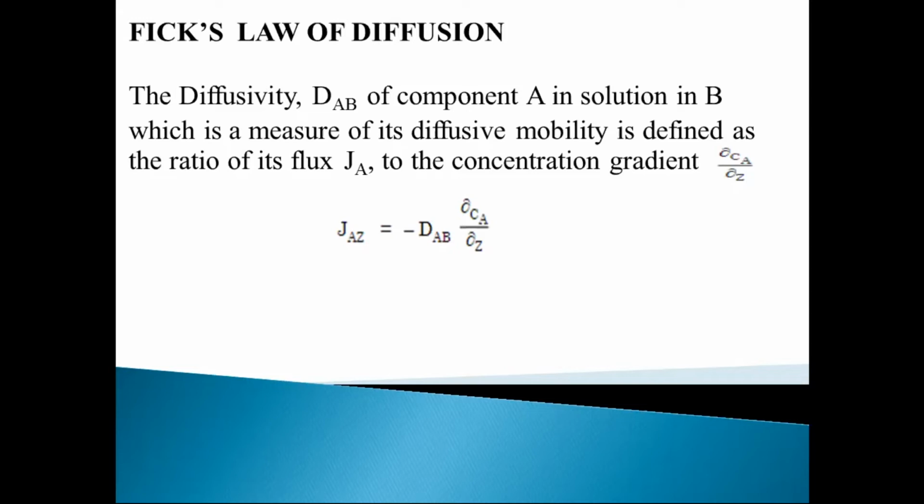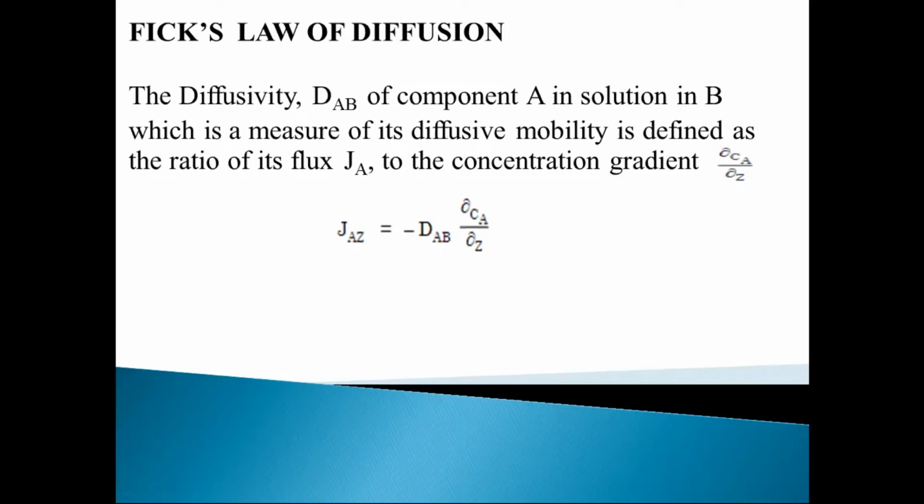DAB is the mass diffusivity or diffusion coefficient for component A diffusing through component B, and the unit for DAB is meter square per second.